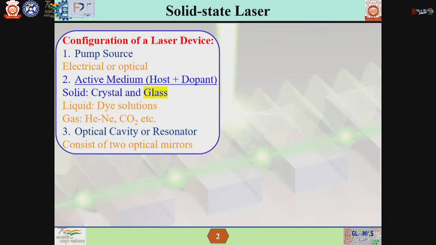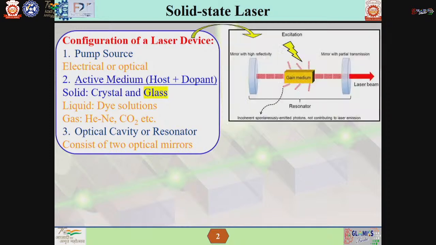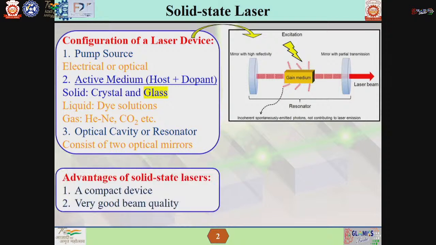The third one is the optical cavity. It is nothing but the setup of some specified optics. Here I have depicted the schematic of that solid state laser device. Because of this configuration, it is very compact and can deliver better beam quality.